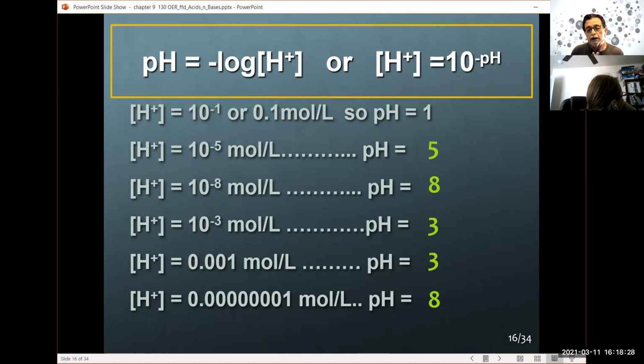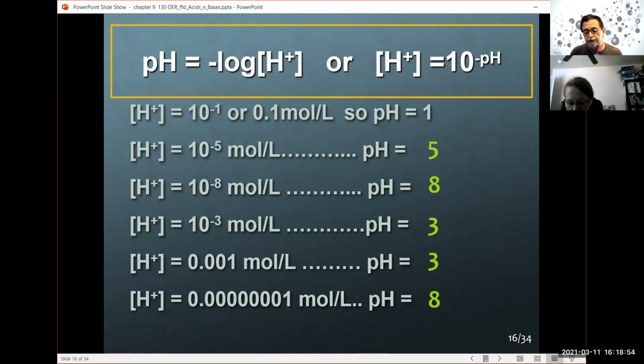And so simply, you take the concentration of the proton and take the log, and you end up with a negative number, and then you multiply it by the negative in front of the log here, which you end up with a positive number. So your pH values, which is the scale, should end up with positive numbers. So if you take 1 times 10 to the negative 5th, you can see the trend here.